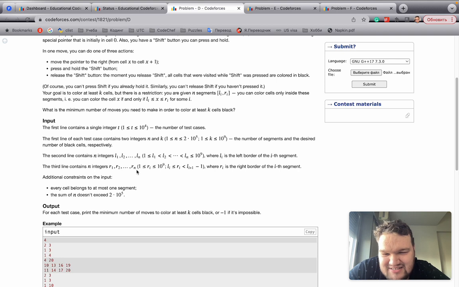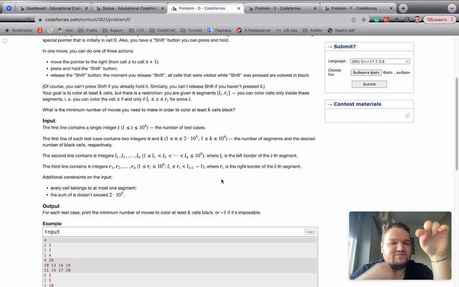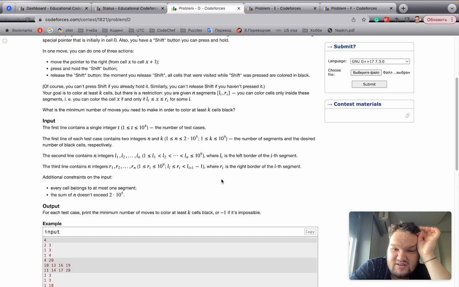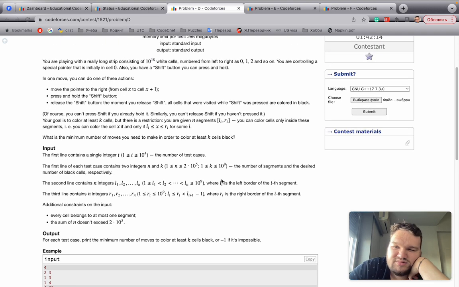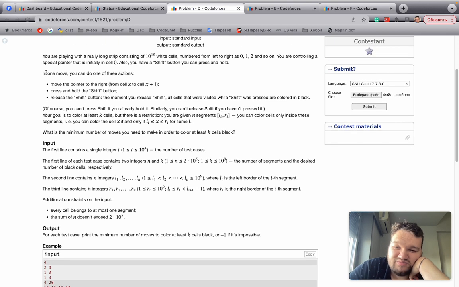The segments are disjoint, it is guaranteed that there is a cell between the right border of the previous one and the left border of the next one. So between the segments there are white cells, so we cannot merge segments, and we can only move to the right.